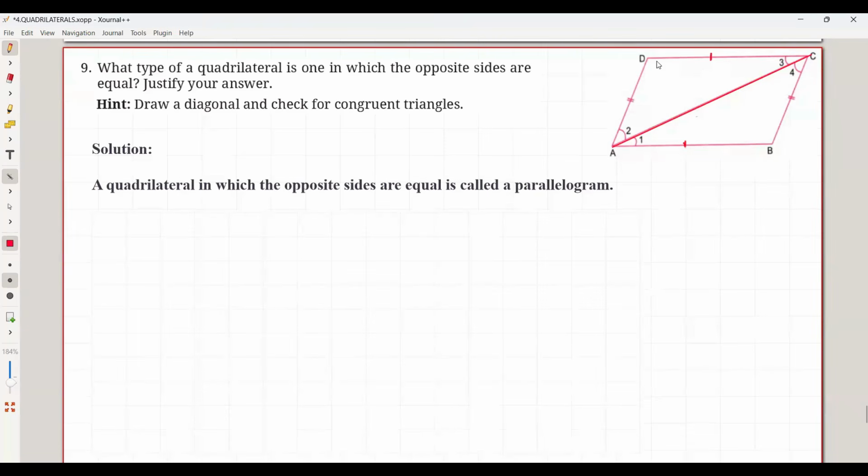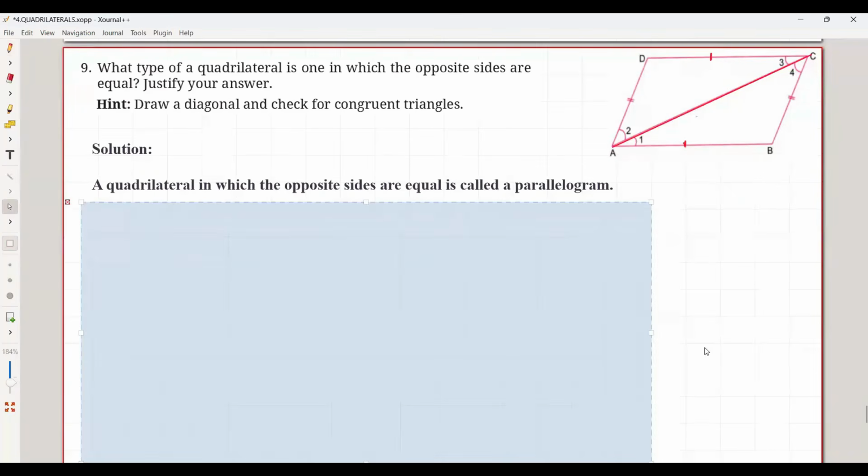Therefore, line DC should be parallel to AB, by the transversal line property: if alternate angles are equal, the two lines are parallel. So DC is parallel to AB, and in the same way AD is parallel to CB. Both pairs of opposite sides are parallel, therefore this is called a parallelogram.